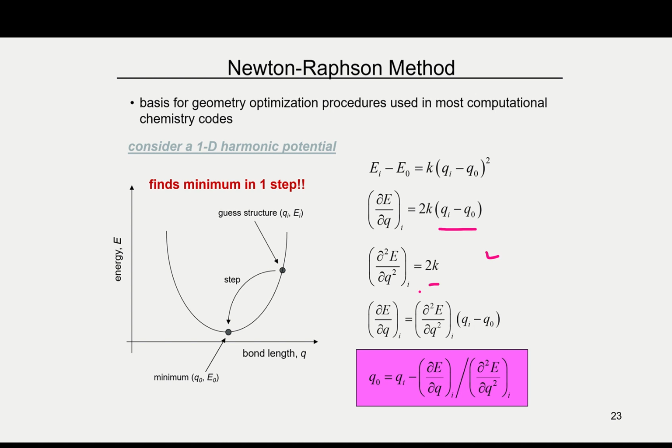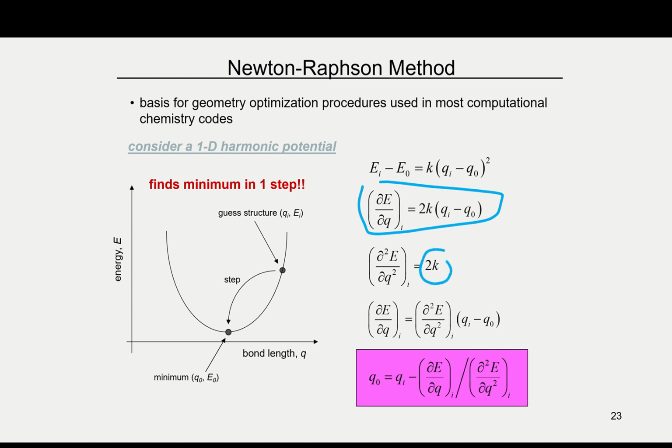Now there is a very simple way. You know the first and second derivatives. The first derivative, delta E divided by delta Q, is equal to 2K (Qi minus Q naught), which is the important one.